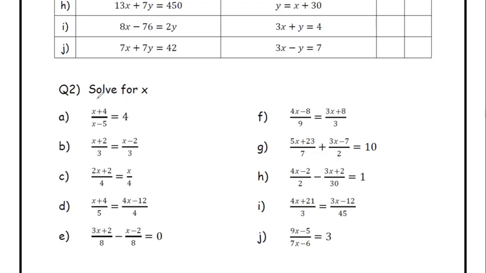So now what we have is simple solving for x equations given to you. So let's see how to solve them. These are not simultaneous equations, but this is something that would be required to understand algebraic equations better. Okay.